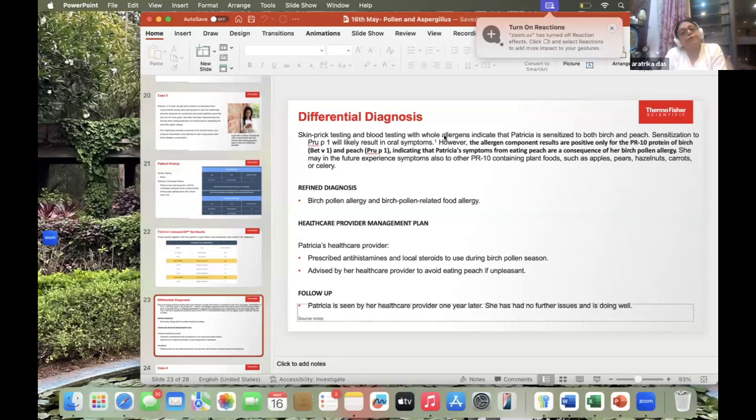Proper interpretation is very important for any CRD testing, because without interpretation, it doesn't carry any value, right? So these are some of the criteria by which we can choose CRD in our clinics after doing the skin prick test or a specific IgE test.